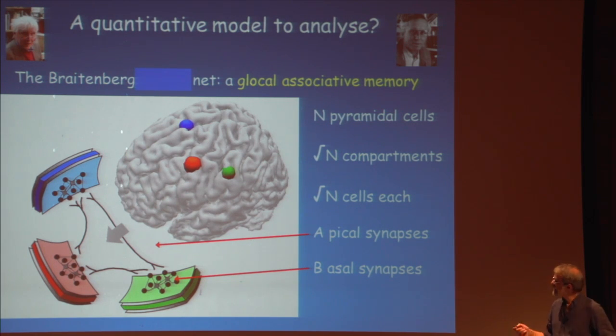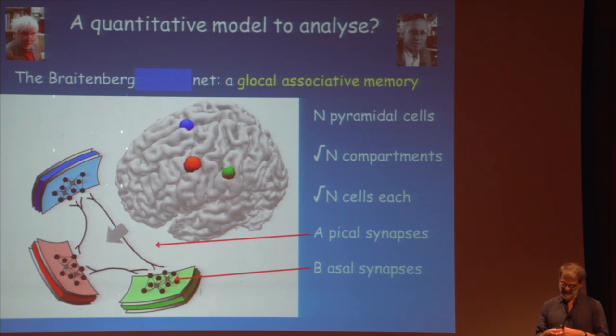So if you assume that each of the square root of n cells in one compartment has basal synapses with each of the other cells in the same compartment, and one synapse coming from one cell in each of the other compartments, then a typical pyramidal cell receives of the order of square root of n local connections and square root of n distant connections.